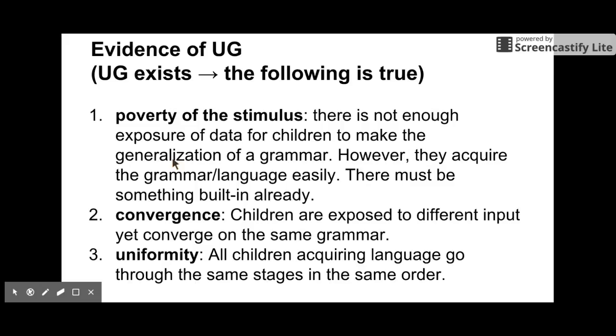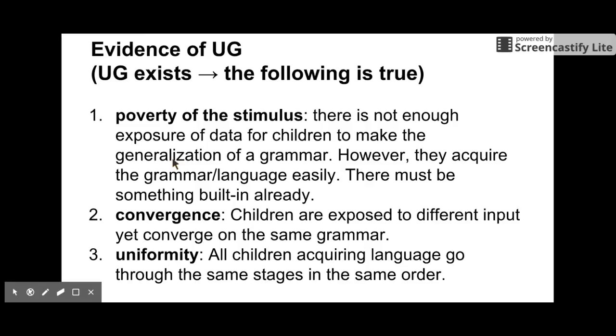There is not enough exposure to data for children to make generalizations about grammar. However, they acquire the grammar or the language easily. There must be something built in already. It means that there's a gap between the input and the output, and what can fill this gap is UG.